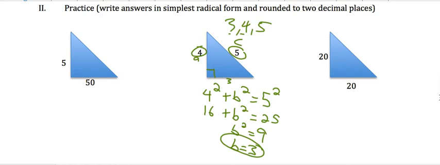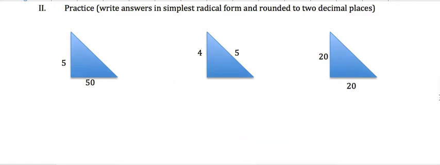That's definitely okay. Now the last one, I gave you A and B again. I gave you 20 and 20 for A and B. Each of my 20 squareds is going to be 400, so I'm going to get 800 when I add them together.